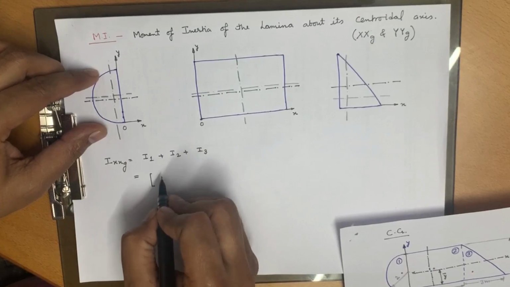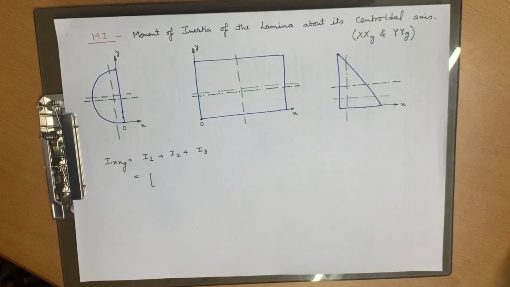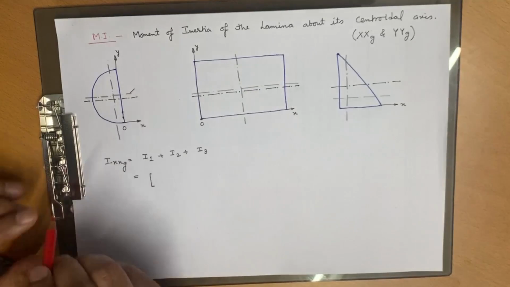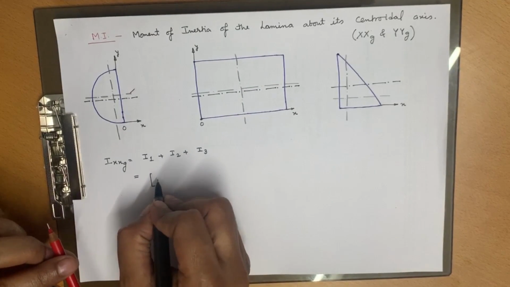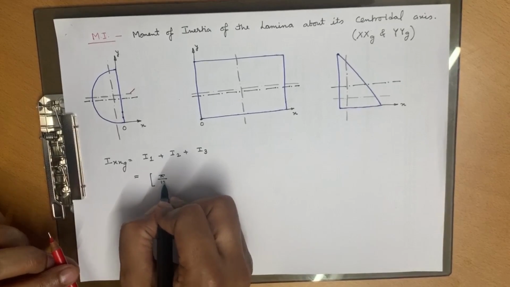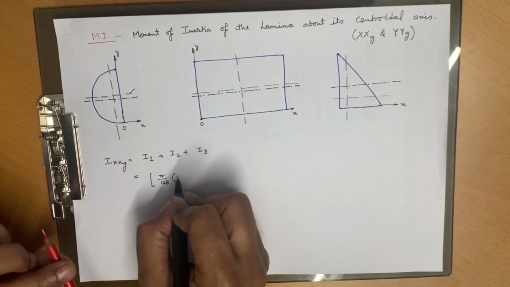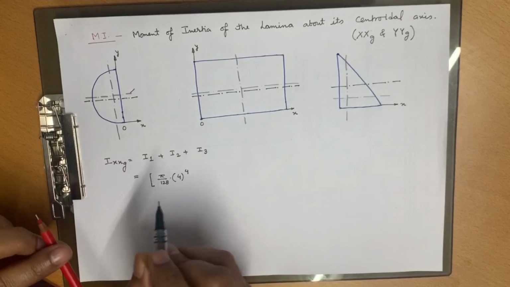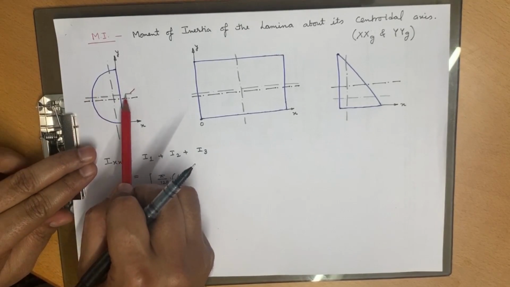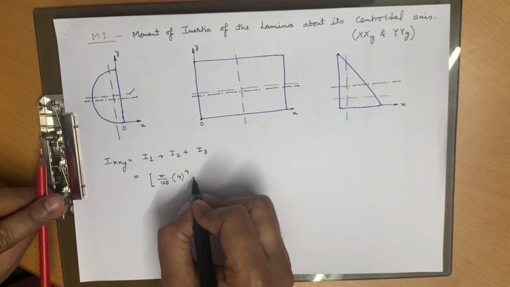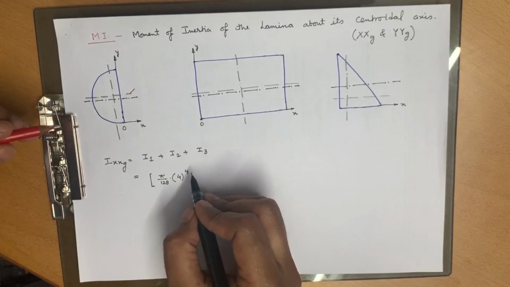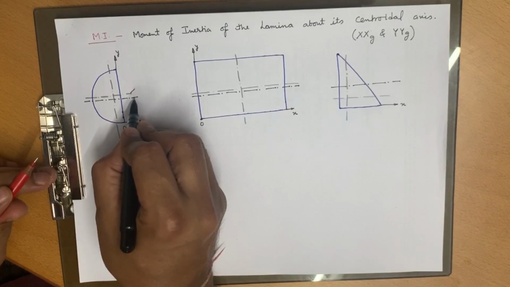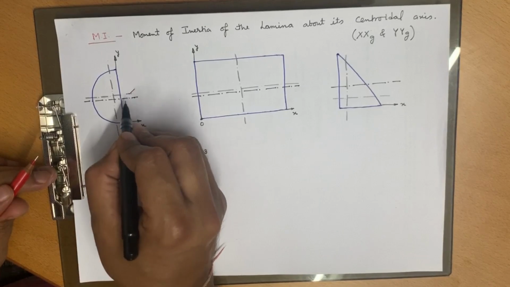Now we know about this line, the moment of inertia is pi by 128 into d to the power 4. D means diameter, that is 4 to the power 4, and this is about this line, right? Then we have to apply the parallel axis theorem, because you wish to find out the moment of inertia about this line, and you know the formula about this line.